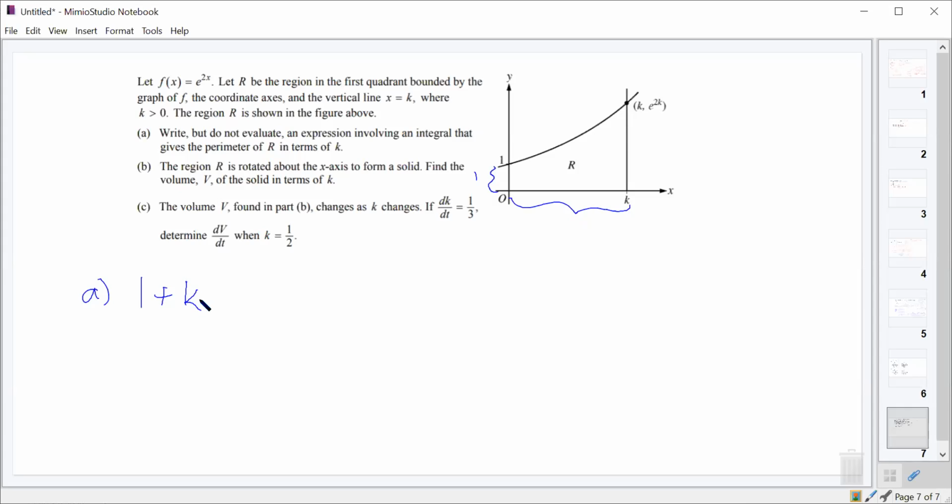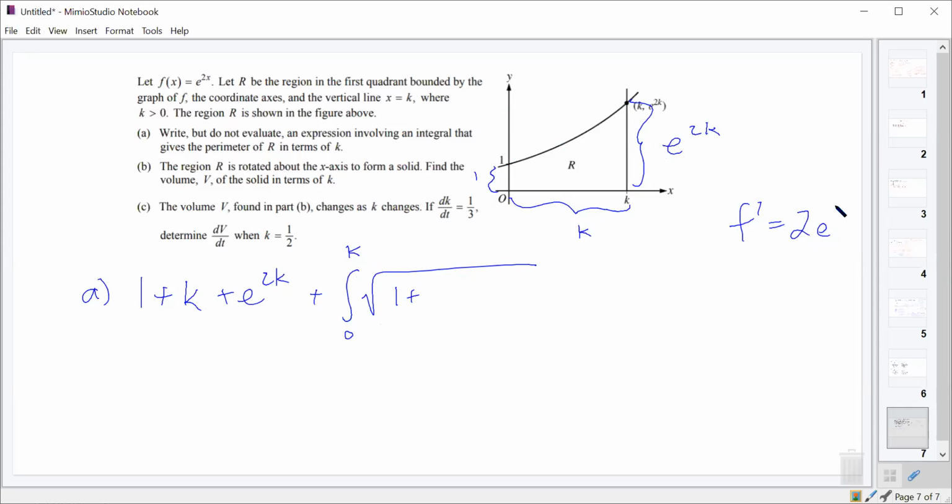Should be k. What's this distance? e to the 2k. And then this distance should be what? The integral from 0 to k, square root of 1 plus, and then the derivative of e to the 2x. So f prime is 2e to the 2x, squared, dx. Good?